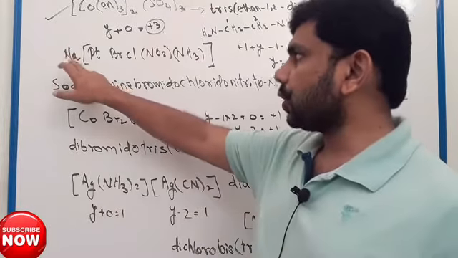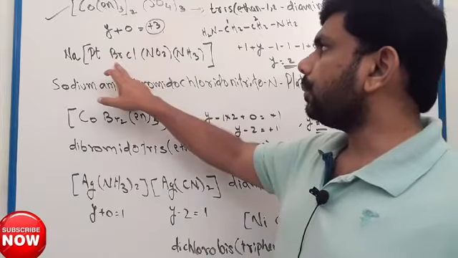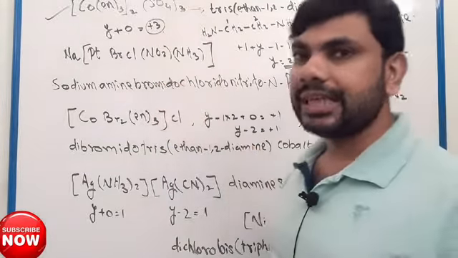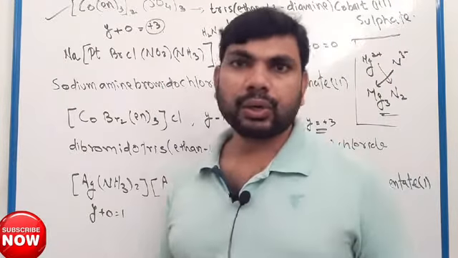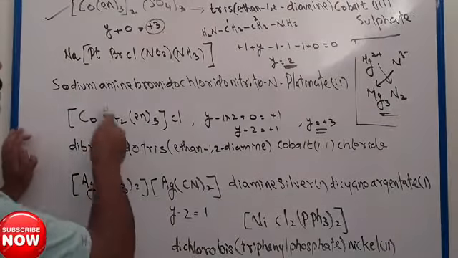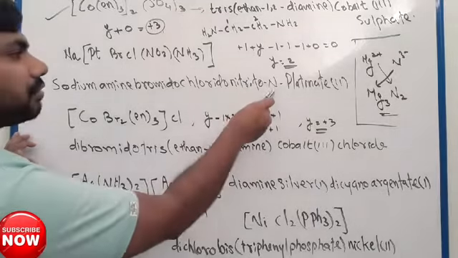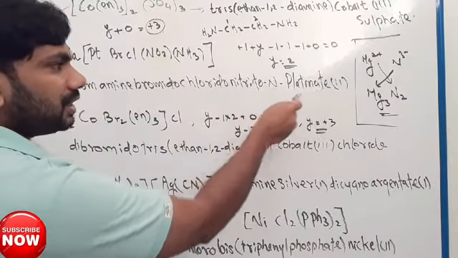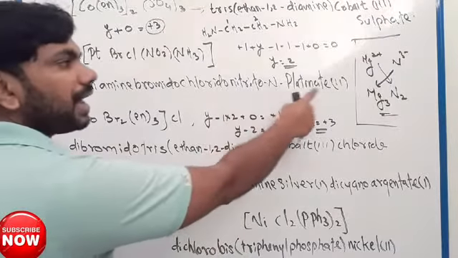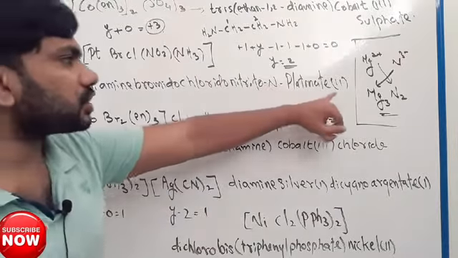So here sodium, amine, bromido, chlorido, nitrito-N, platinate. So the name of this coordination compound is sodium amminebromidochloridonitrito-N-platinate. This N you have to write in capital letter, nitrito-N, platinate(II). So here platinum, its charge is 2.